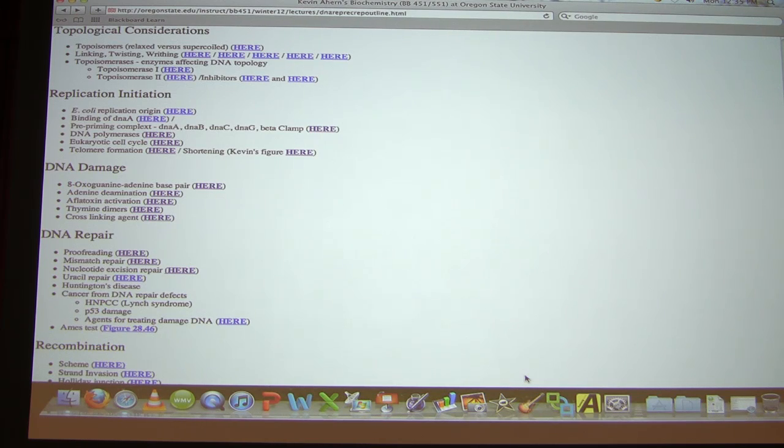Did you have a question behind Jared there also? Oh, yeah, very good question. So his question is, how does the cell know which side to fix? I've got a GT mismatch. Do I take out the G or do I take out the T? Okay, I didn't tell you that, but I will tell you that. It's a very interesting story.